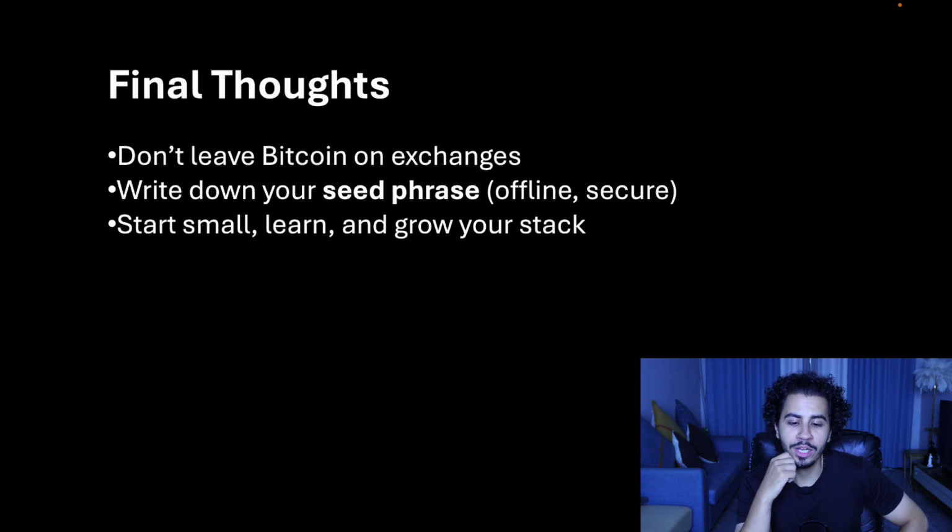Write down your seed phrase offline and secure. Of course, do not write it anywhere online, not on your laptop, not in your notes on your iPhone. Do not take a screenshot, do not take a photo of it. Keep it offline. When it comes to Bitcoin, start small, learn, and grow your stack over time.